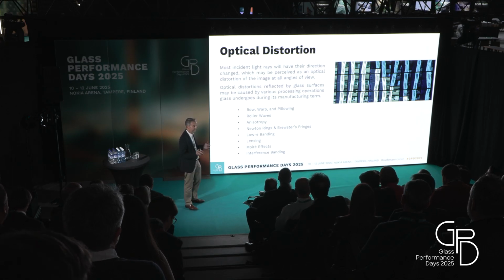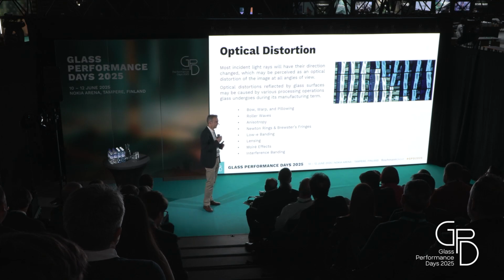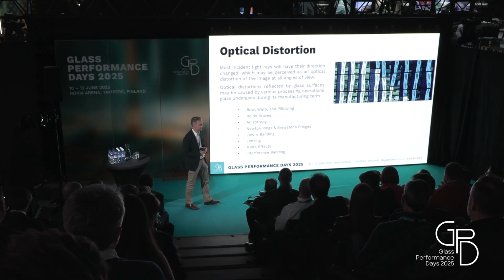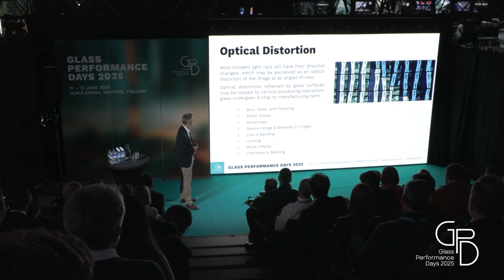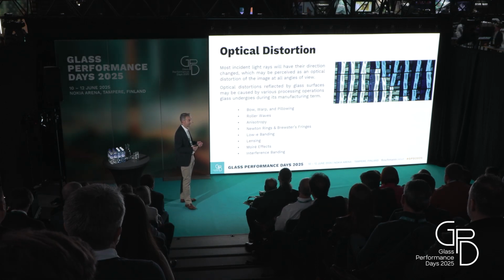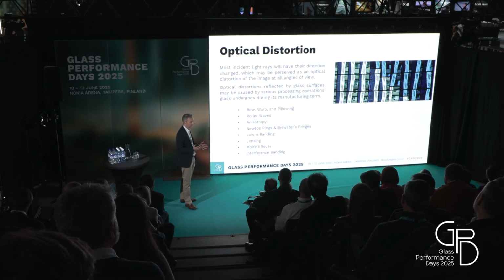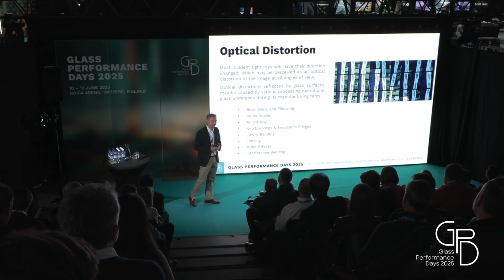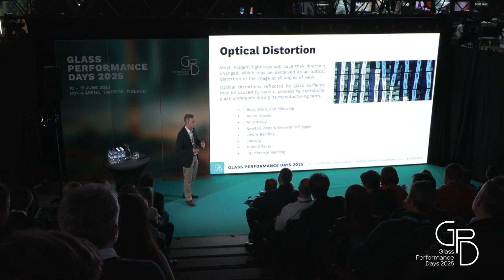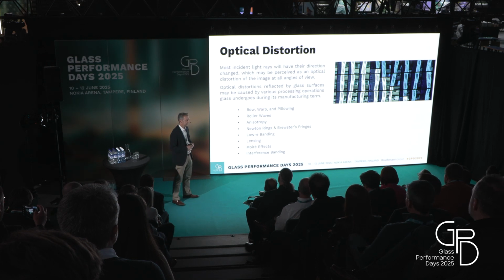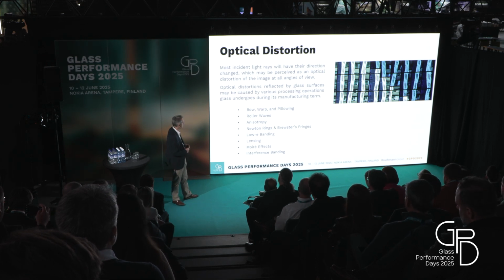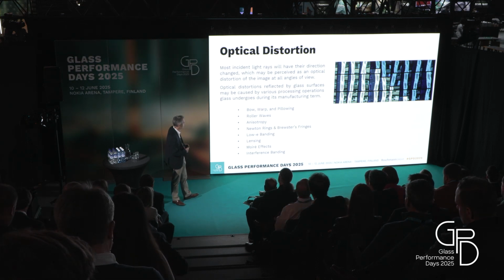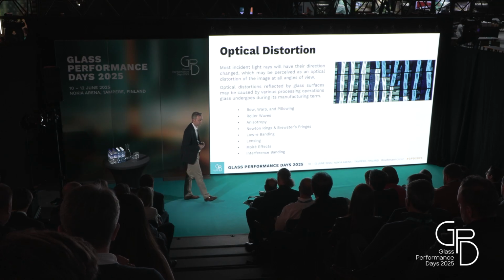We do have low E banding, which is a kind of optical distortion introduced by a low E coating in that case. We do have lensing. We heard about an optical distortion caused by lensing during a presentation yesterday already, and I will also touch on lensing a little bit more in detail. We have moiré effects, and we have interference banding.